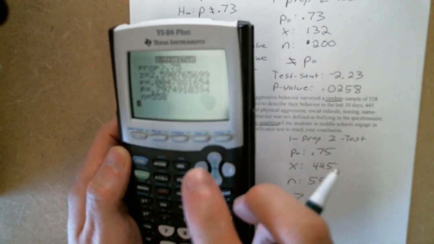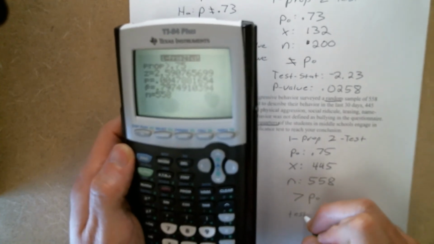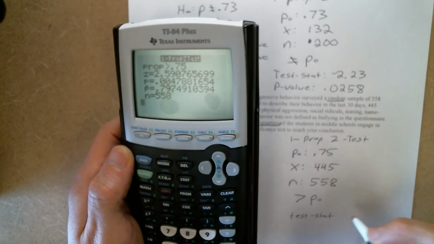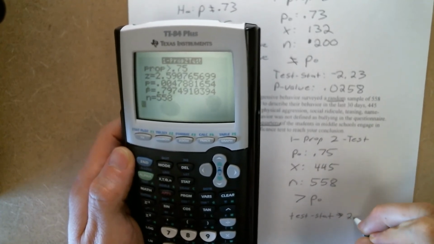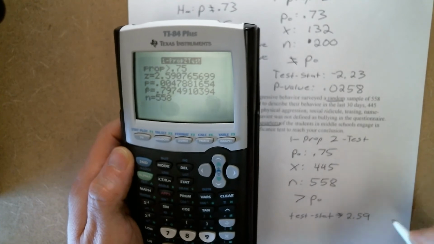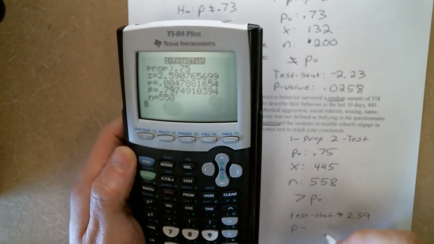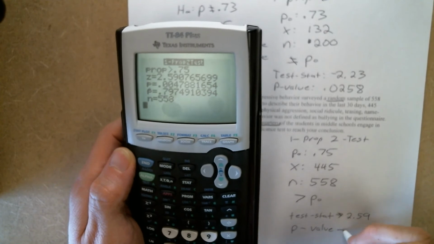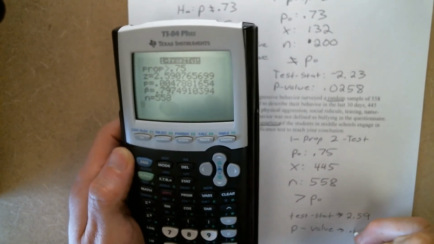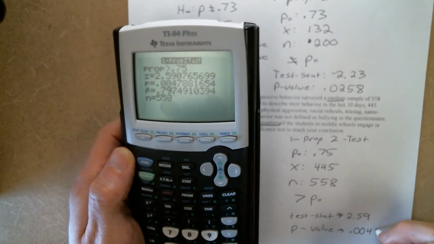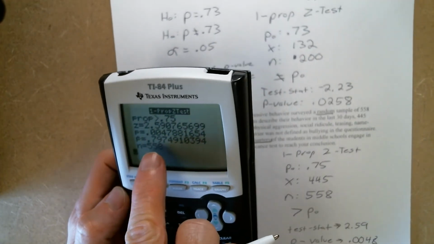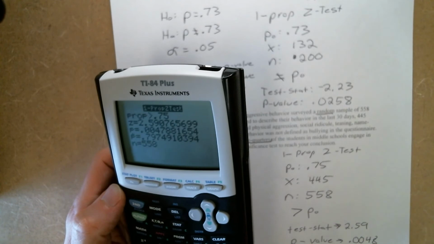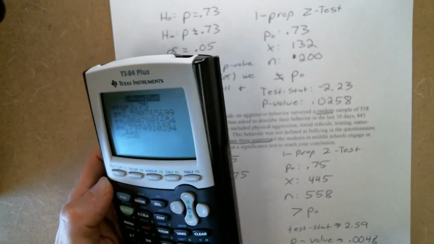We can see that our test statistic is 2.59. From that test statistic, we get a p-value of 0.0048. And again, our sample statistic was 0.79, almost 80%.